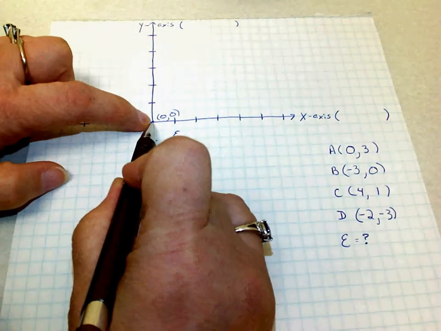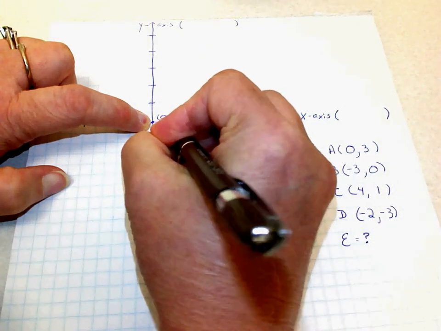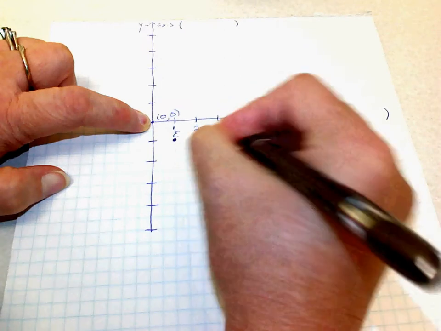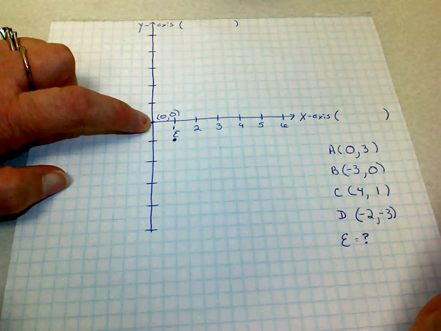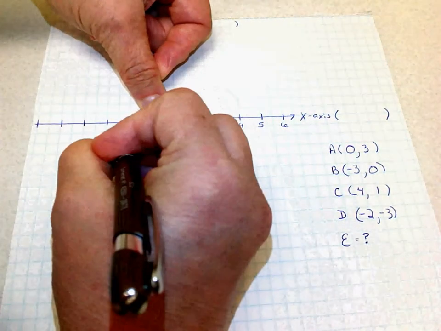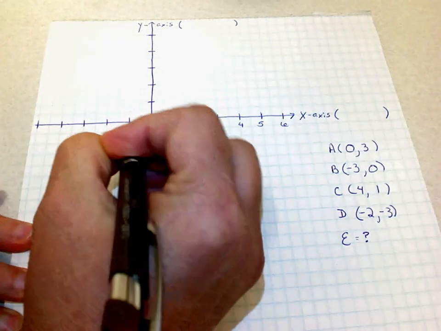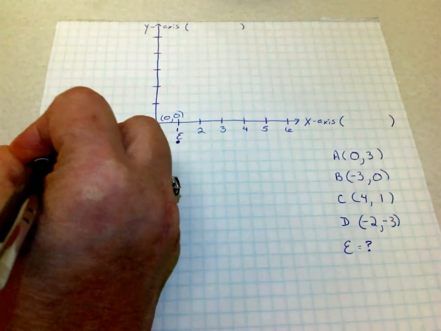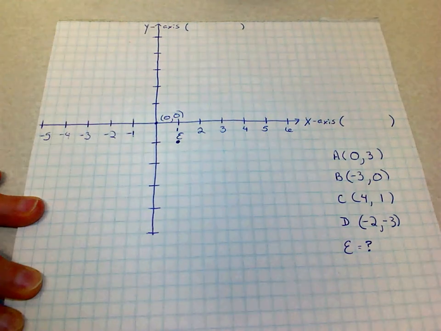Now if I go to the right of 0, it's positive, and the first space would be 1, 2, 3, 4, 5, 6, and so on. Now if I go left from 0, then I get negative values. -1, -2, -3, -4, -5.